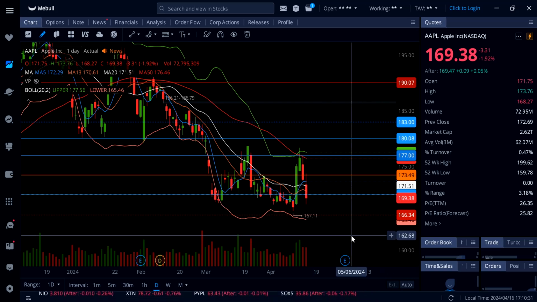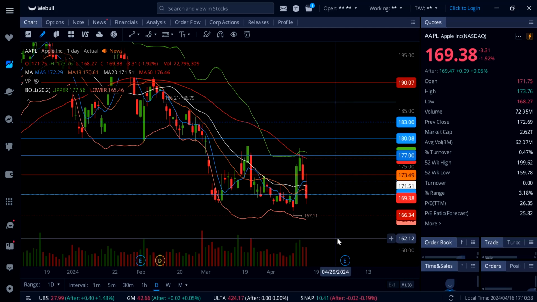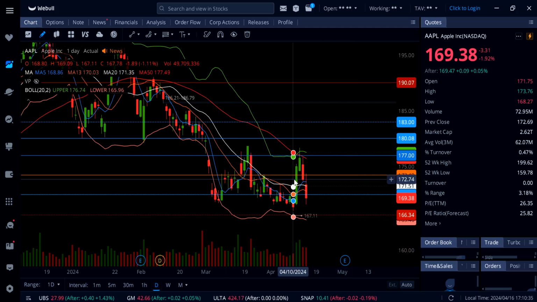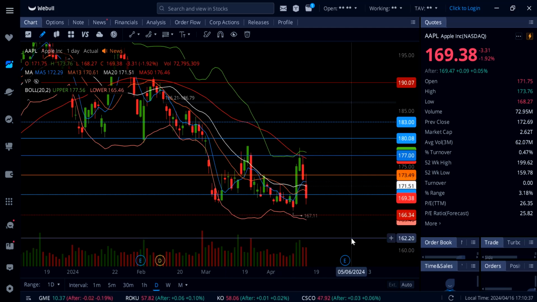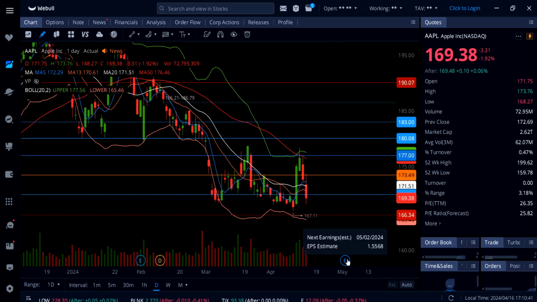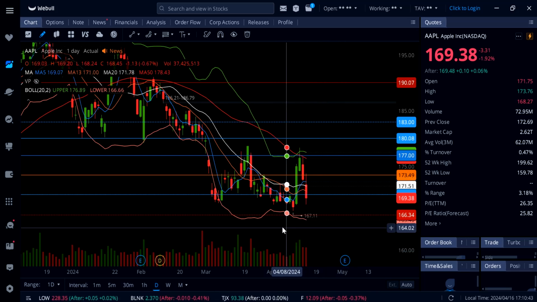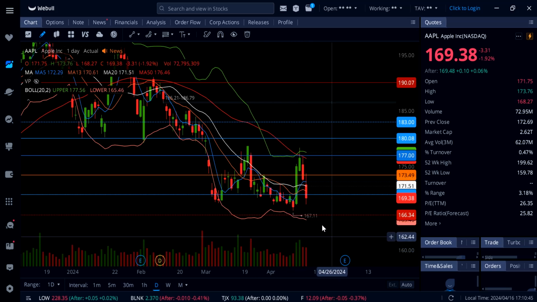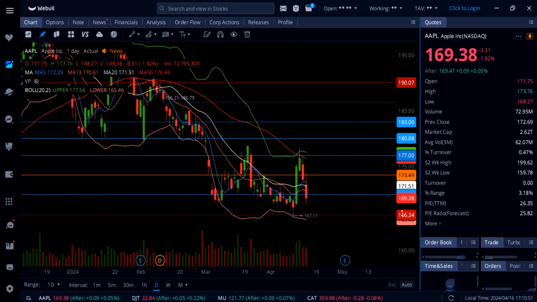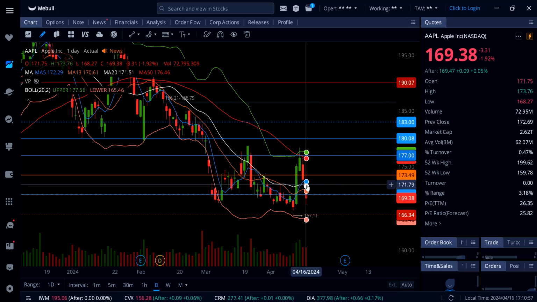So here on Apple, guys, now it's trading below all these moving averages again, and that is not looking bullish in the short term. We do have earnings coming up next month. Now here on Apple, the next stop and the next big support, 166 to the upside. It needs to get above 170, and once we get above 170 here on Apple, then watch out, there will be resistance at 171.51, 20-day moving average, and then 173.